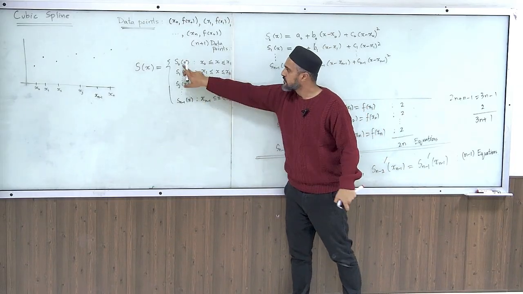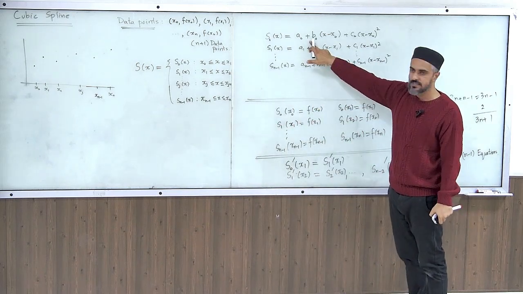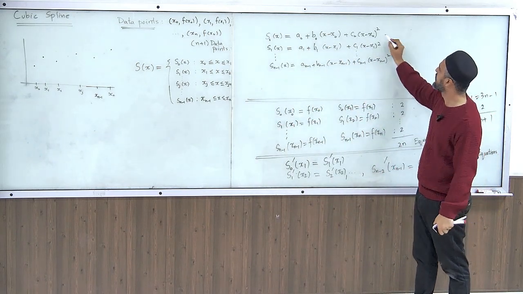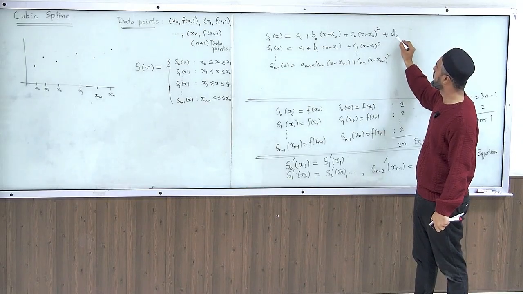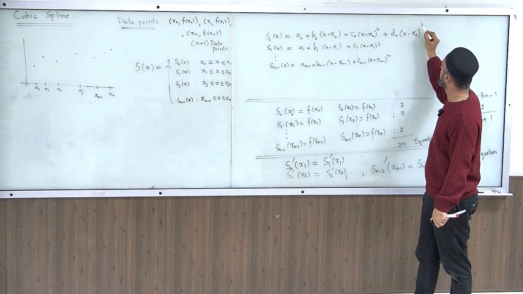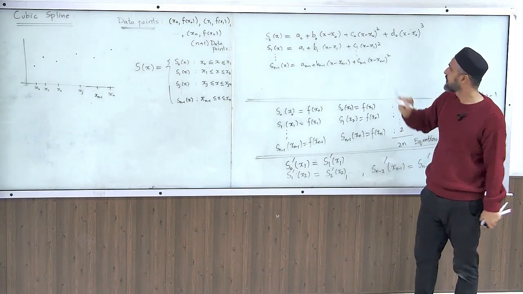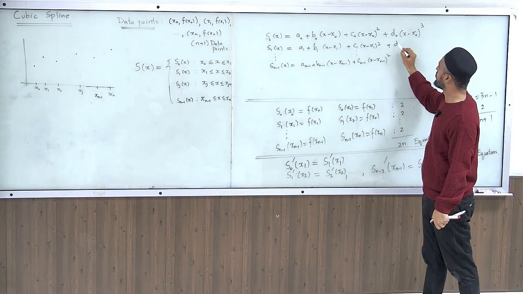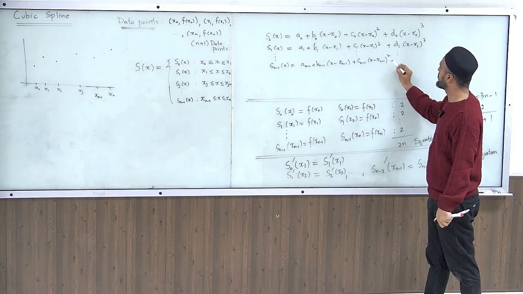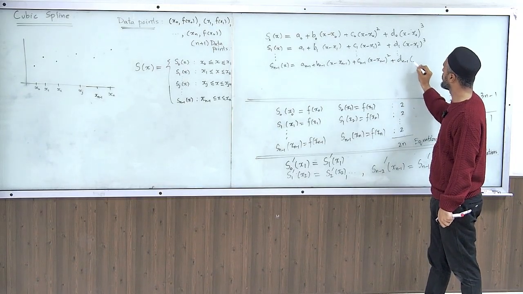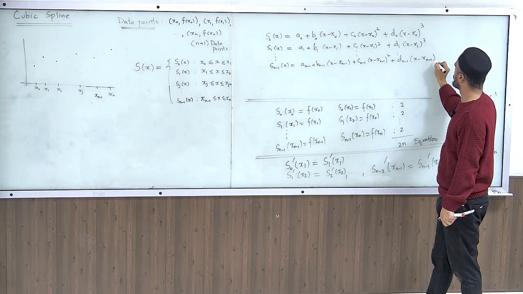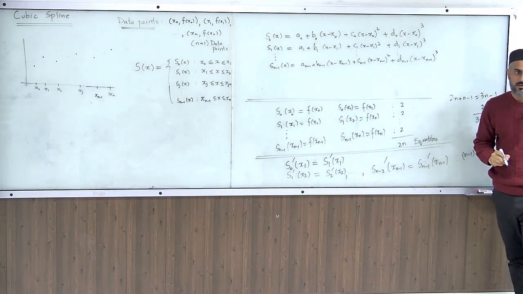So what is s naught? Generalizing the concept, here we have d naught times x minus x naught cubed, then d1 times x minus x1 cubed, and it keeps continuing, then dn minus 1 times x minus x n minus 1 cubed.